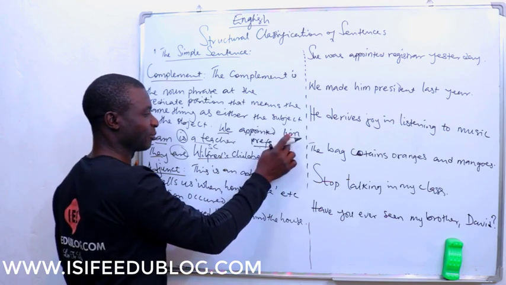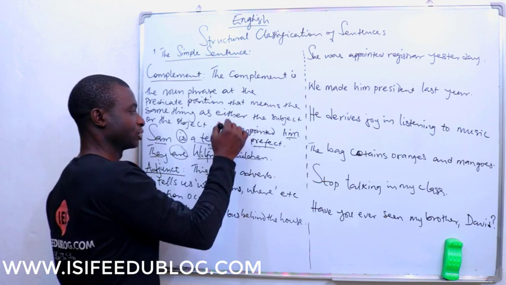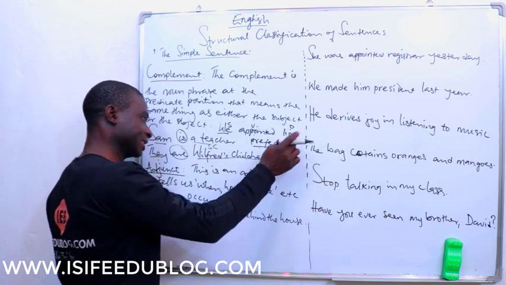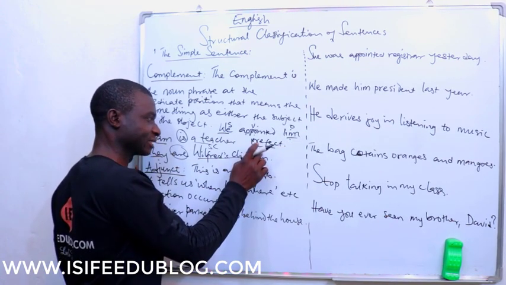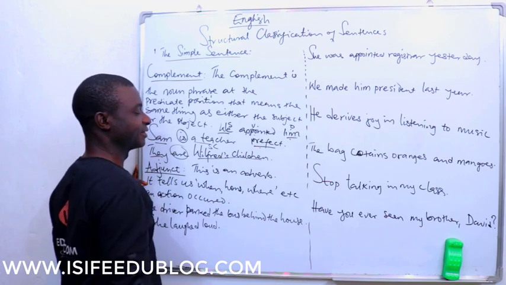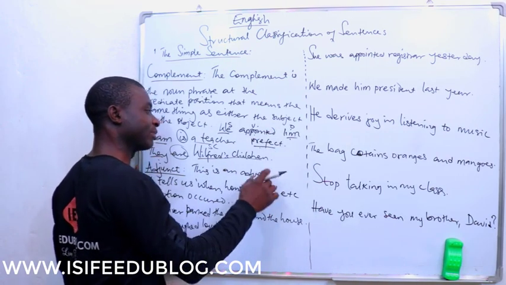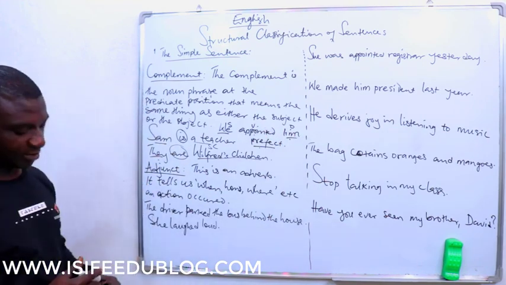The object of the verb appointed is him. So, subject, verb, object. But the sentence didn't end here. We have prefect. And who is the prefect? Him. Therefore, prefect is object complement because him is the object of the verb appointed.